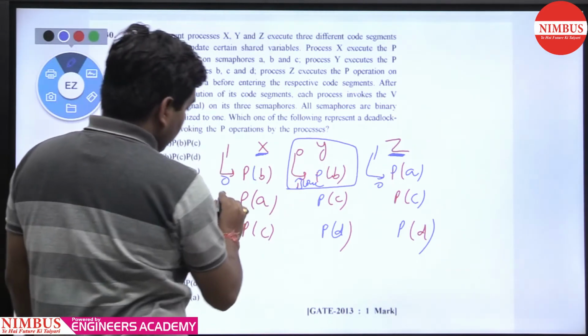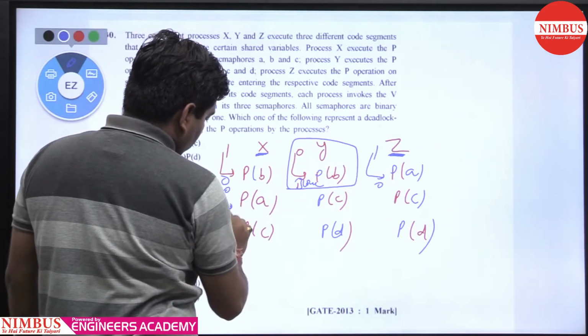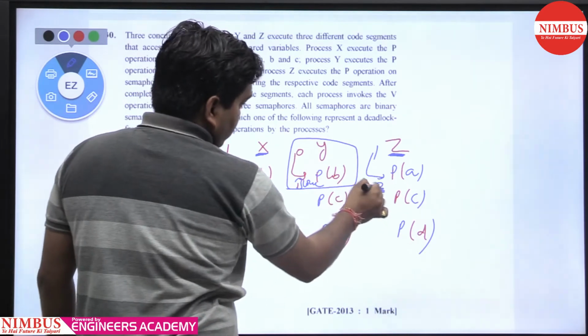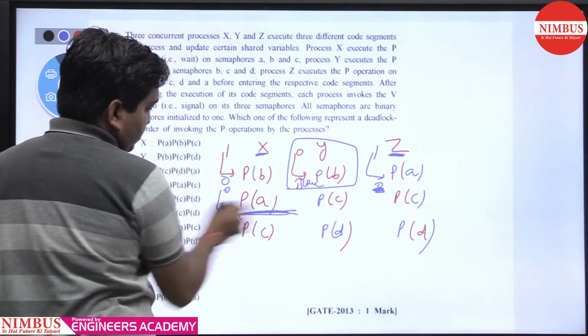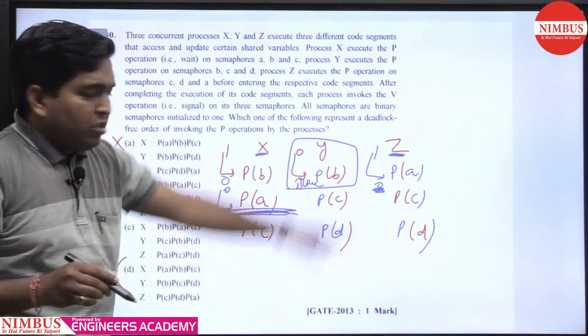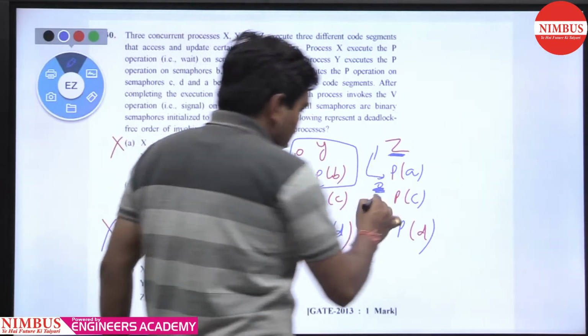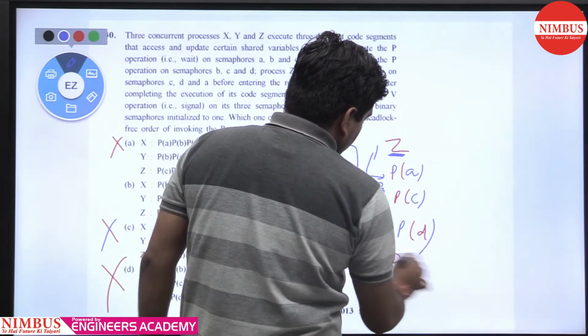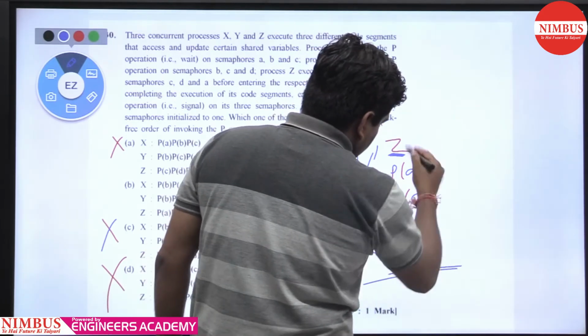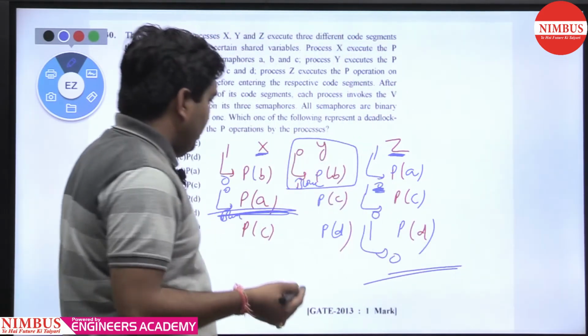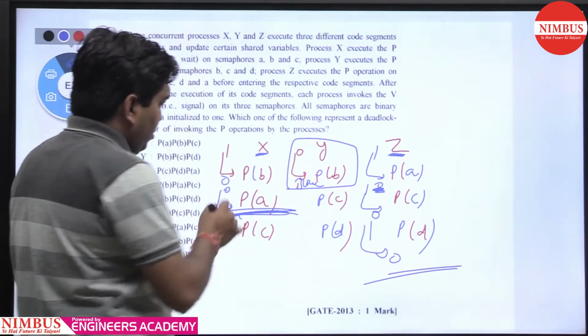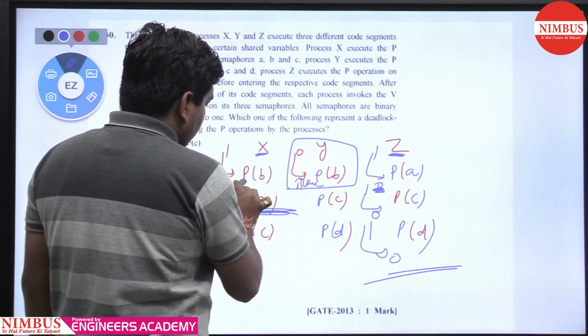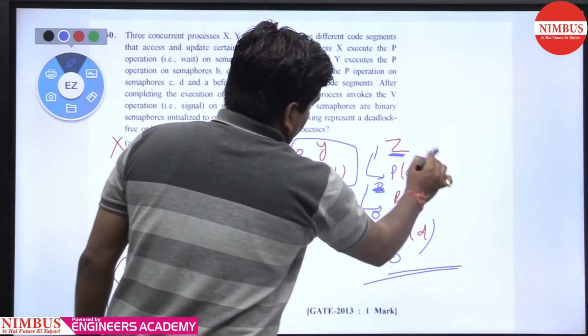This is 0 to block because A becomes 0. So this is blocked here. Now process Z is free right now, and the value of C is 1, so 1 to 0, and D is also 1 to 0. So process Z enters. In a similar way, if you execute, this one is blocked, 1 to 0, then it is 0 to block.